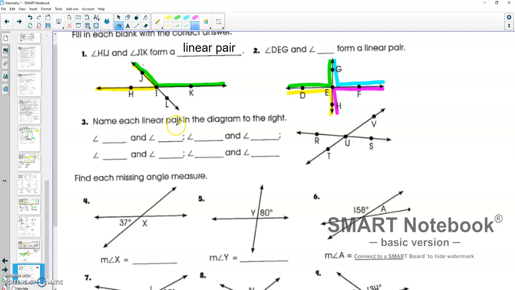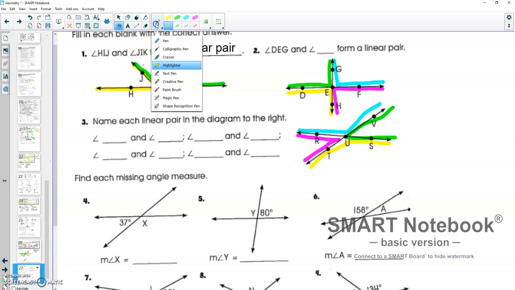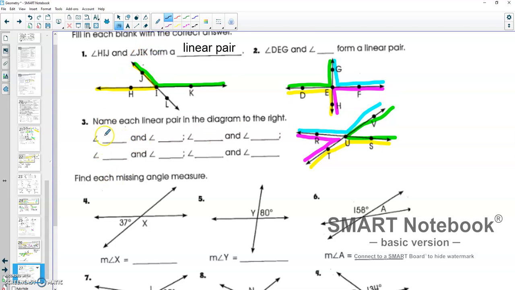Name each linear pair in the diagram to the right. So I have, again, 4 colors for 4 different angles. You have to tell me what the pairs are. Let's start with the blue one. So I know RUV.